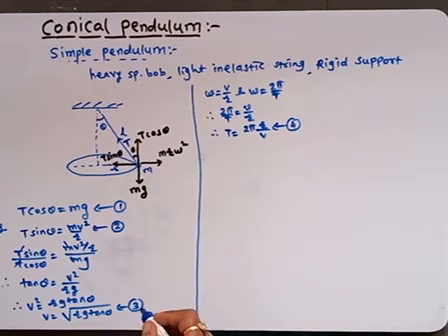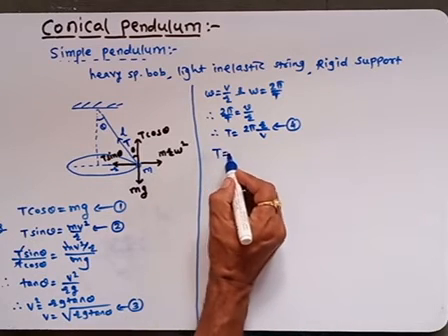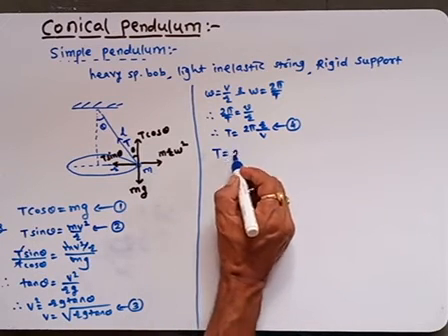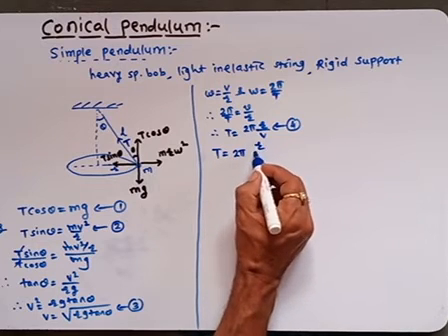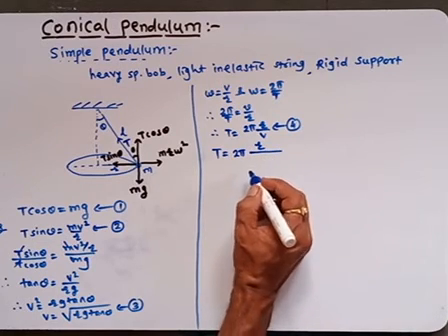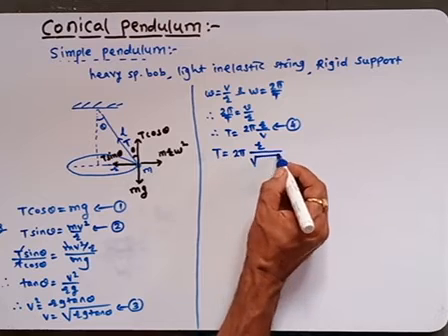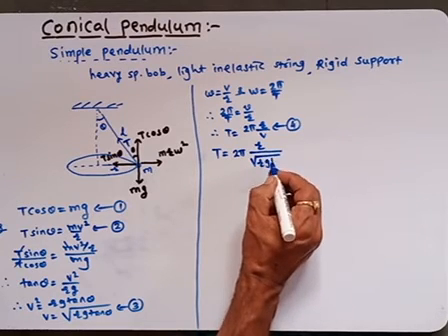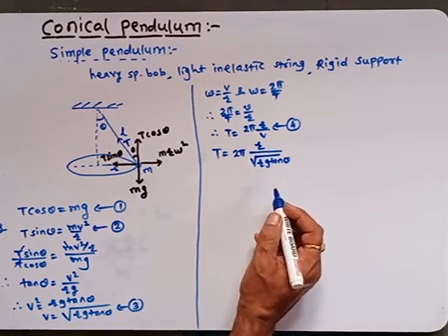Now putting the value of v from equation 3 in equation 4, we get T is equal to 2 pi, then r as it is, and the value of v, that is square root of r g tan theta.